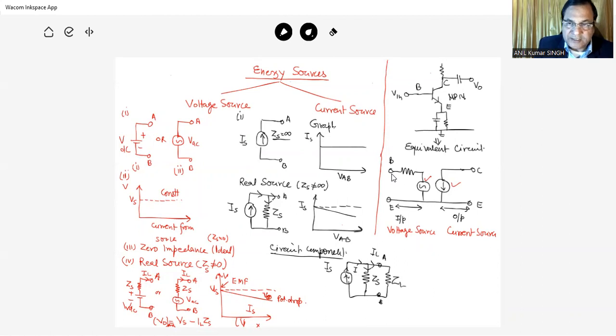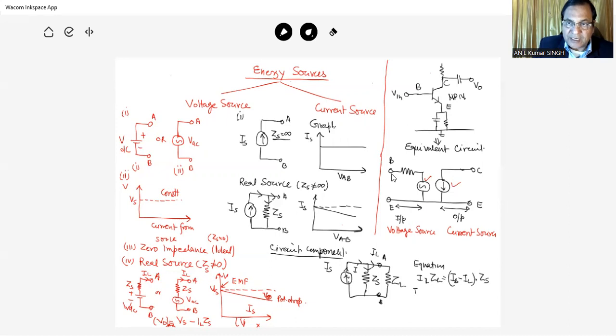This load current equation is: IL ZL is equal to this voltage, which is (IS minus IL) into ZS.